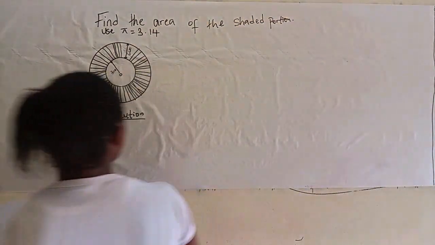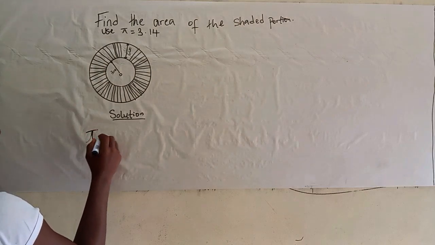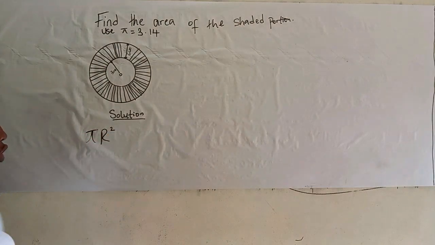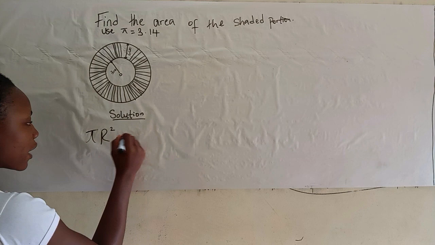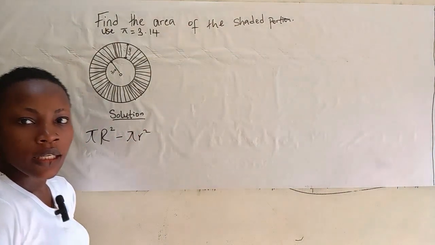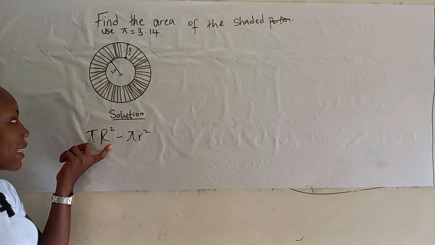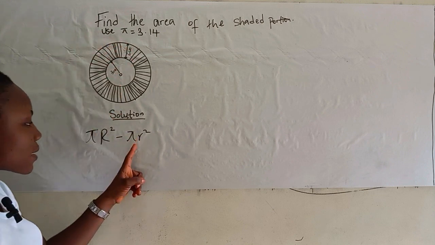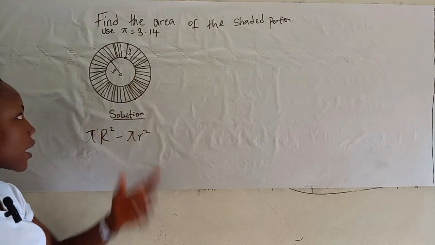So we're going to have pi R squared for the bigger one, minus pi r squared for the smaller one. This is the formula for finding the area of the bigger circle, and this is the formula for the smaller circle.